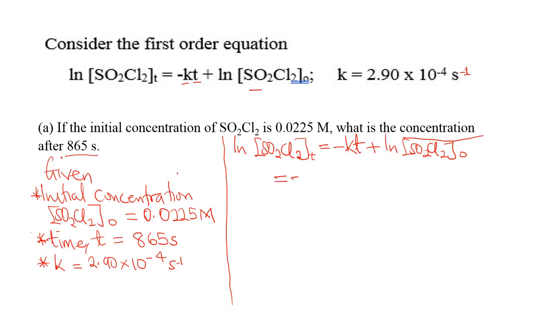Instead of k, we put 2.90 times 10 to the power -4 per second.